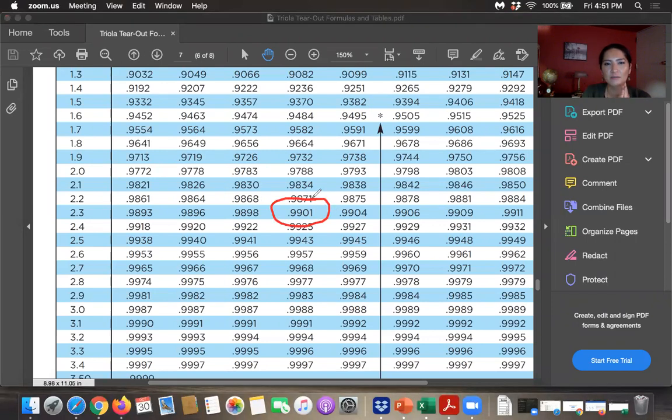There's my area. I want to know, what is the z-score that goes with that? Well, the first part of the z-score is right there. Z equals 2.3. This is 2.30. The area to the left of 2.31, 2.32, 2.33. So the closest one we have is this 2.33 from table A2.